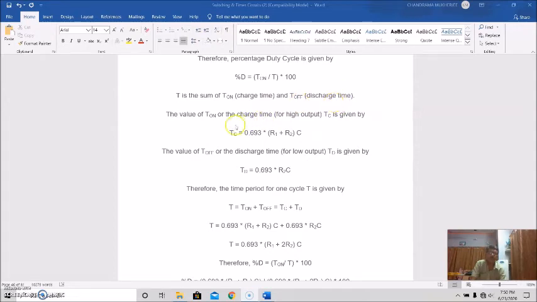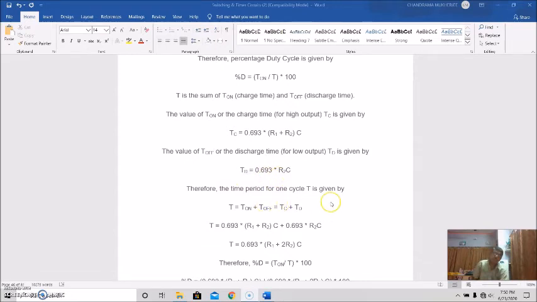The charge time for high output, TC, is given by 0.693 into (R1 plus R2) into C, and the discharge time for low output, TD, is given by 0.693 into R2 into C.